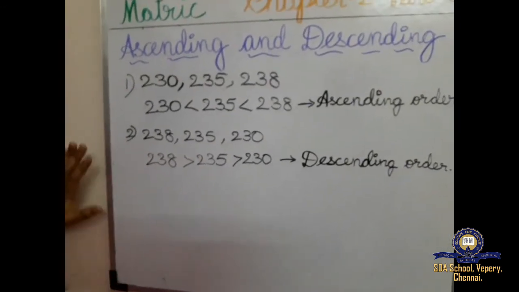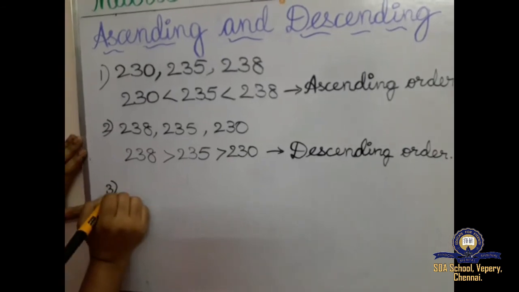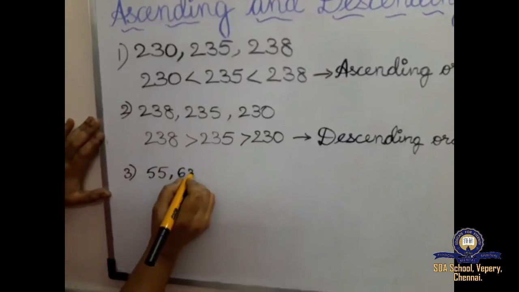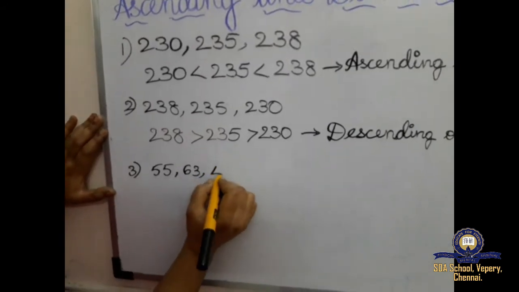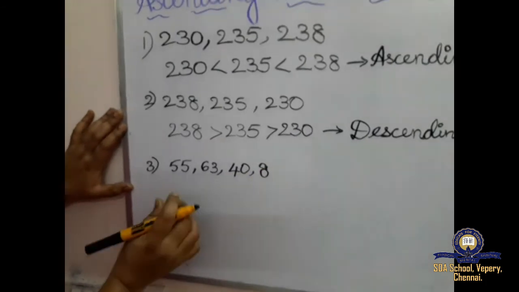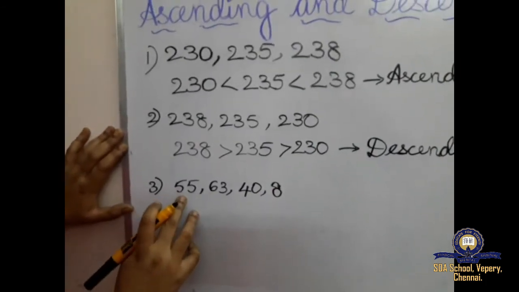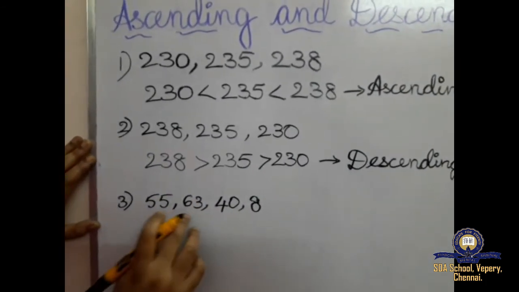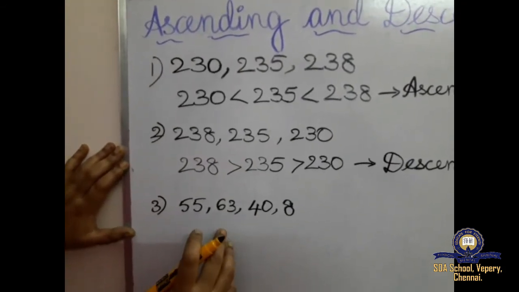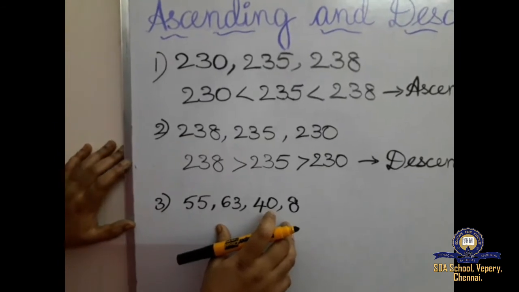We'll do one more sum. 55, 63, 48. So here it is like jumble. See, 55, 63. Which is a greater number here? 63 is a greater number. So we have to write this in ascending order.